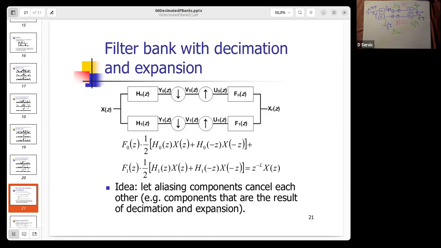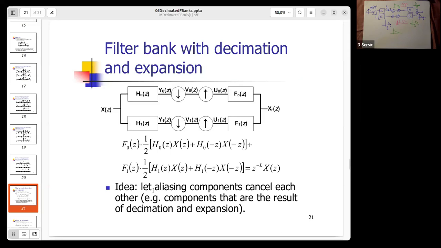Instead of having ideal filters, instead of having approximations of ideal filters, maybe we can have lousy filters, the worst filters ever. Maybe this low pass filter can be even the simplest possible low pass filter, and H1 the simplest possible high pass filter. Okay, but what then? The aliasing part is then big, and it is not good for perfect reconstruction.